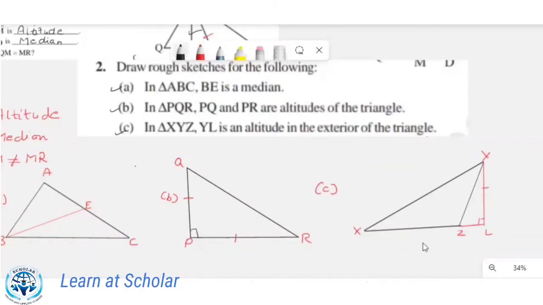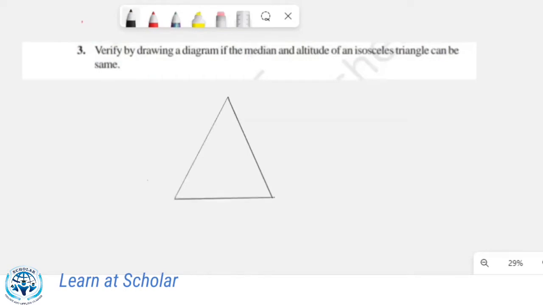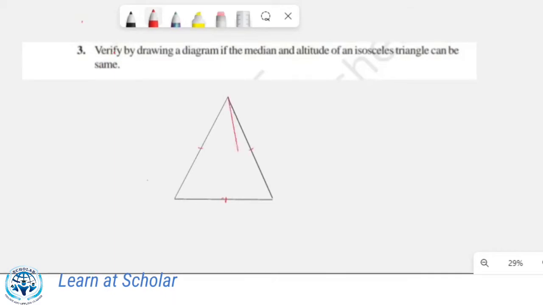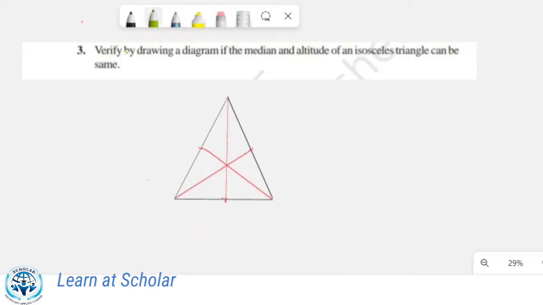Now the next question. Verify by drawing a diagram if the median and altitude of an isosceles triangle can be the same. So I have drawn an isosceles triangle with two sides equal. This is the first median, this is the second, and this is the third median. Now the altitudes.